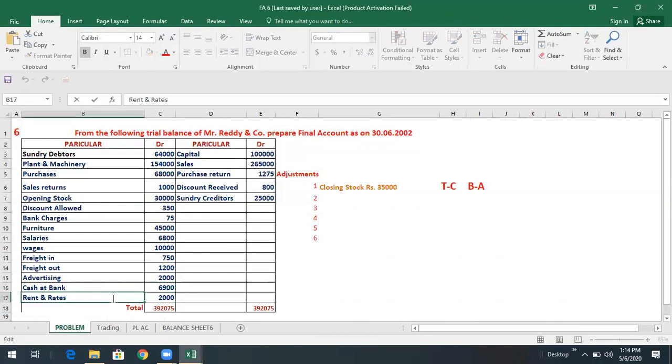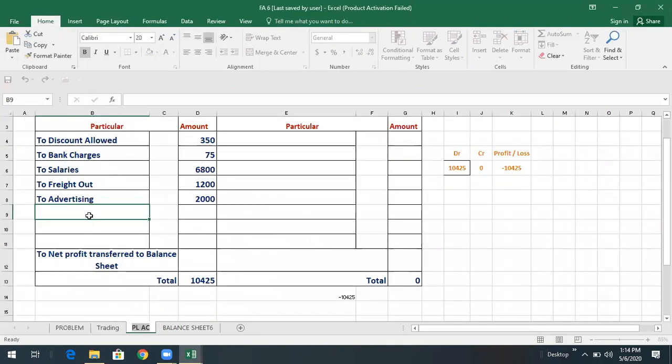Next, rent and rates. So where do we get the rent? Rent means office rent. Office rent we get in profit and loss account debit side.